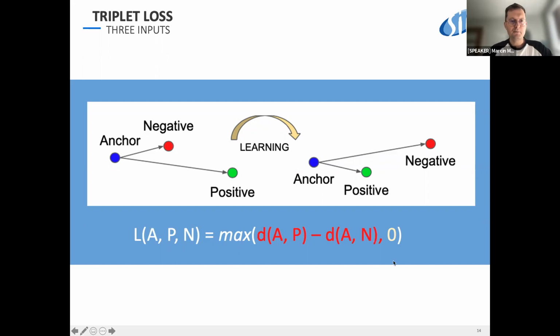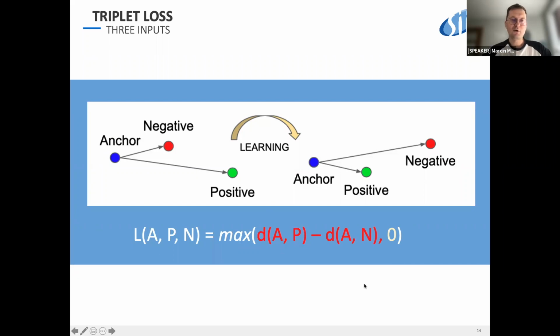However, in this form, our model could easily find a trivial solution. What I mean is our model could simply transform all the input records into the same point, into the same representation, so that the distance between them is always zero, and this criterion is always satisfied.